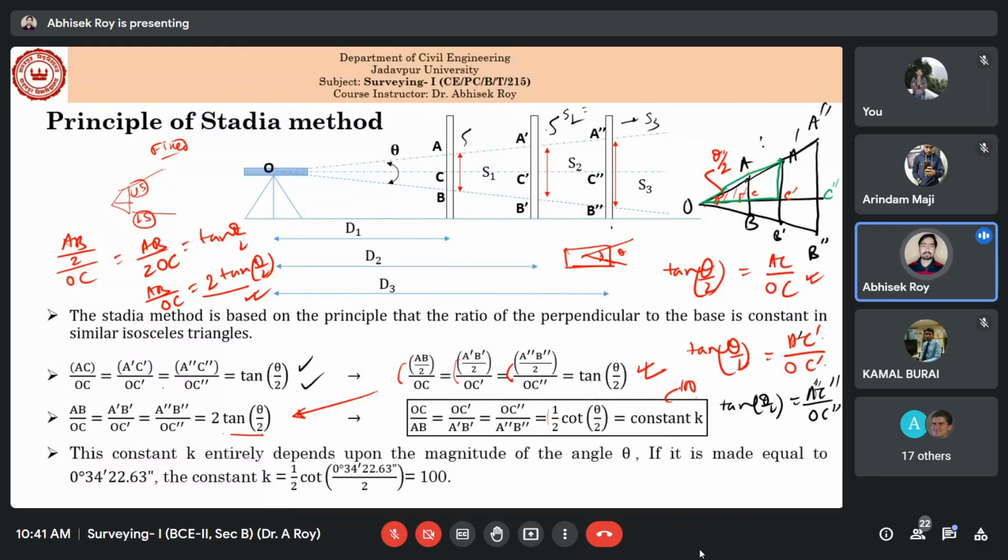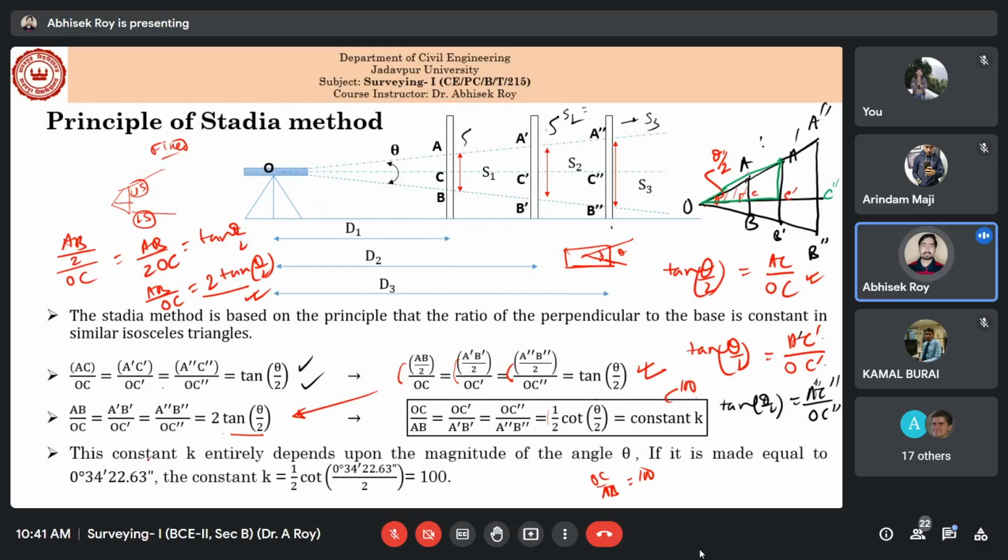If we want to make this constant equal to 100, or simply the OC by AB ratio as 100, we have to prefix this angle at some value, and that's why in some of the lenses this theta is fixed at an angle of 0 degree 34 minutes 22.63 seconds. If you apply this theta value, you can calculate that half of cot theta by 2 will come as 100. You can check this one.